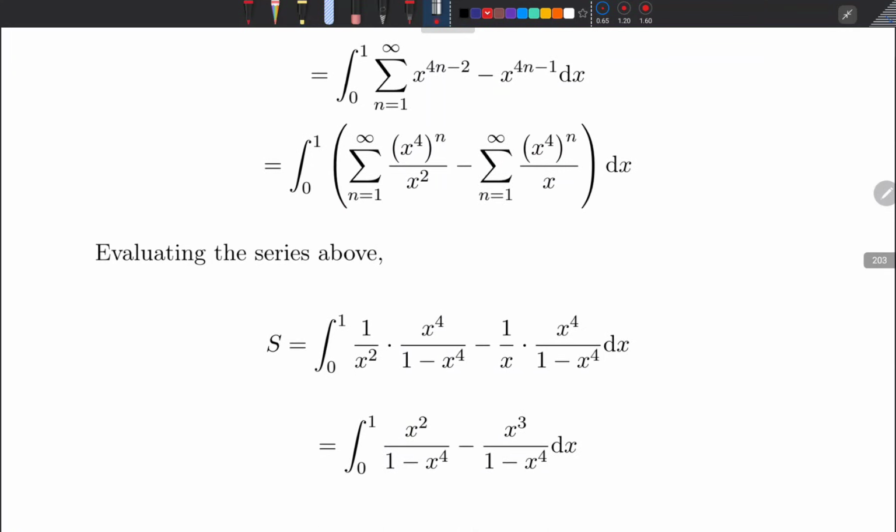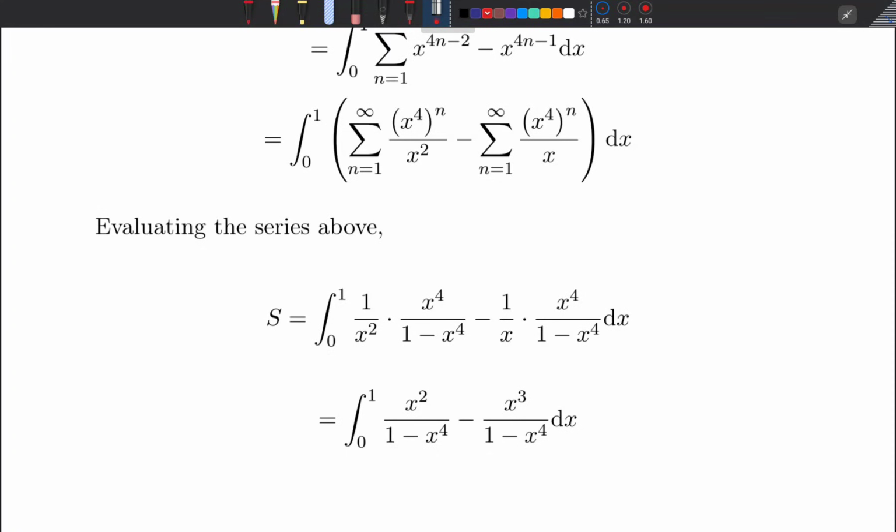And next what? Okay, oh wait a second. So basically, look at this sum. It's the sum as n goes from 1 to infinity of x to the 4 whole to the n, and we have a factor of 1 over x squared.